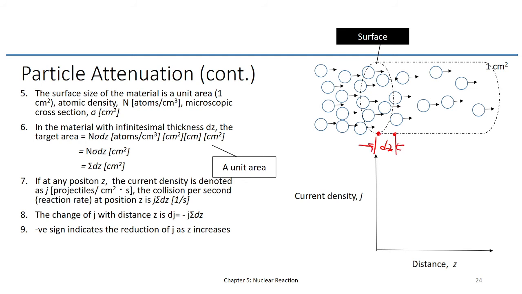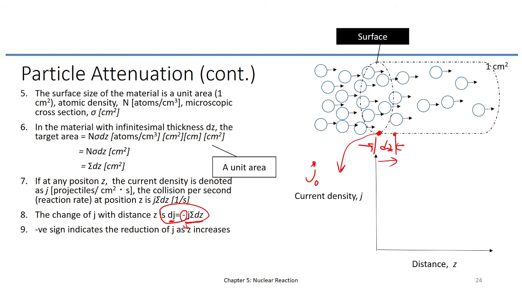Here is j, let's say j naught, because nothing has occurred here, since there's no target nucleus at the surface. But after dz, j is reduced by dj, and that magnitude of reduction equals the reaction rate within the dz. So dj equals minus j uppercase sigma dz.